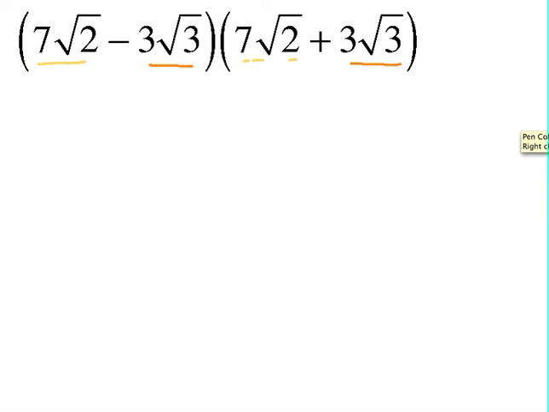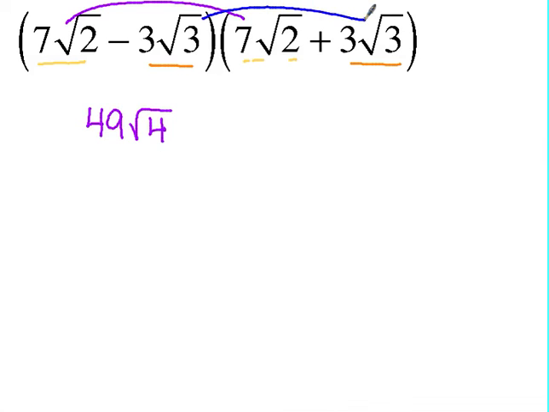So if I multiply the first terms, what do you get? 49 root 4. Now remember what I said, the first terms and the last terms, because the middle terms will drop out. So if I multiply the last terms here, I get negative 9 root 9.